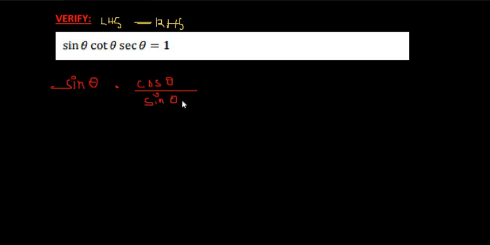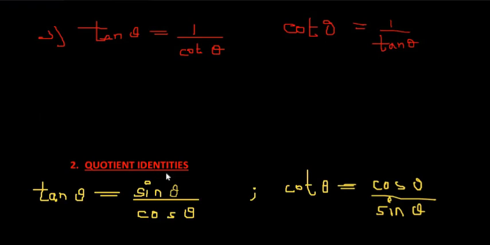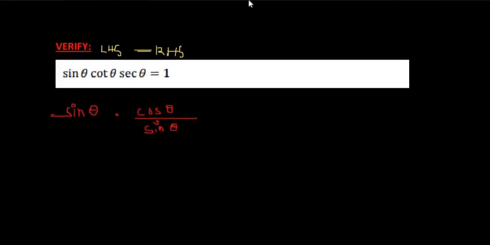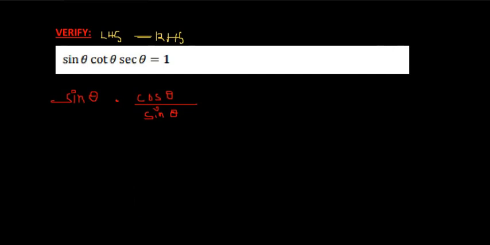As I have explained in the previous identity, quotient identities, cot theta can be written as cos theta over sine theta. Now sec theta, I am going to use the reciprocal identity over here. Sec theta, I will write it as 1 over cos theta.